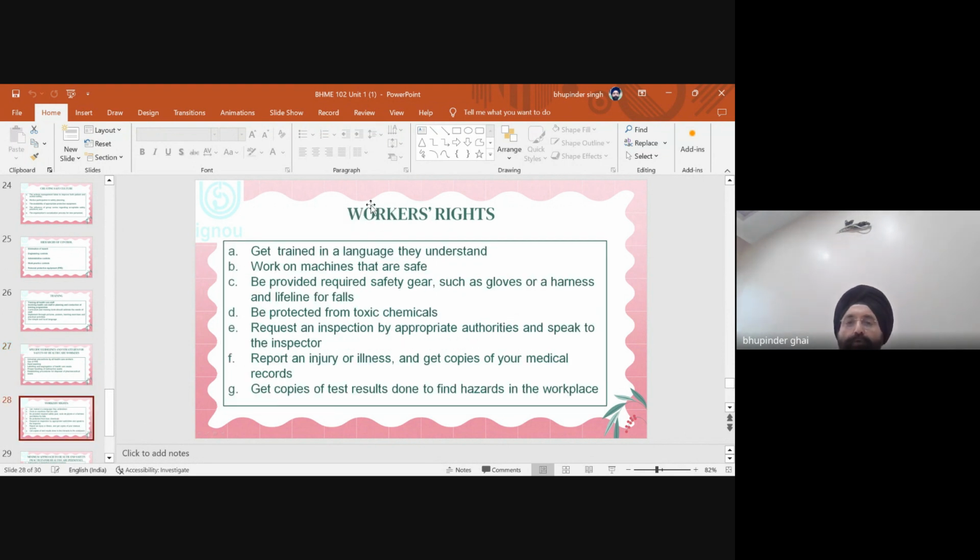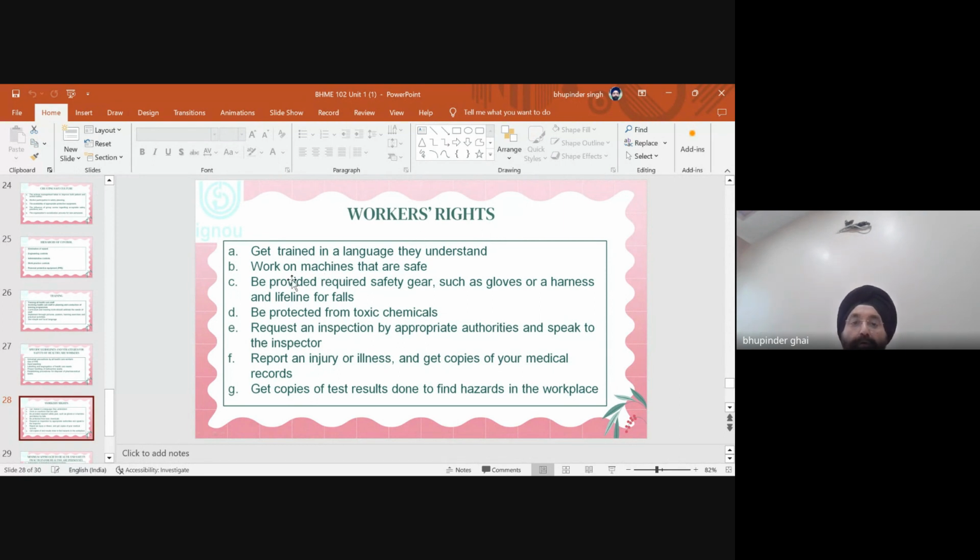So as I told you, workers' rights. What are the workers' rights? They have the right to get trained in a language they understand. You cannot train a person who does not know English in English. Or if he does not know Hindi, you have to give the training in his language, which he understands or which he speaks.